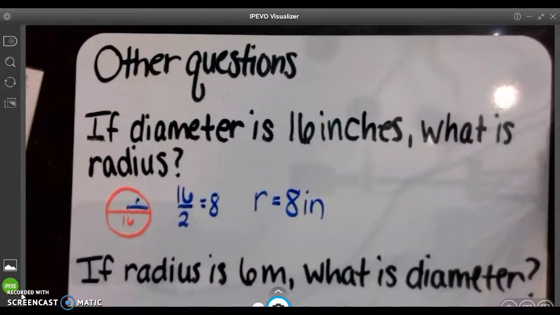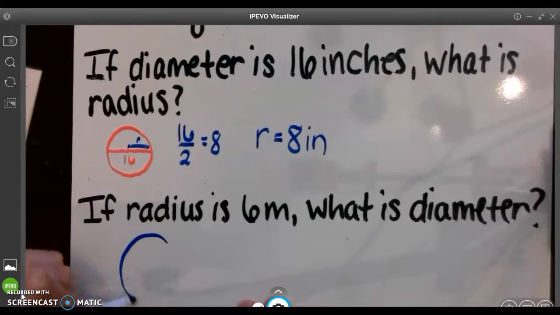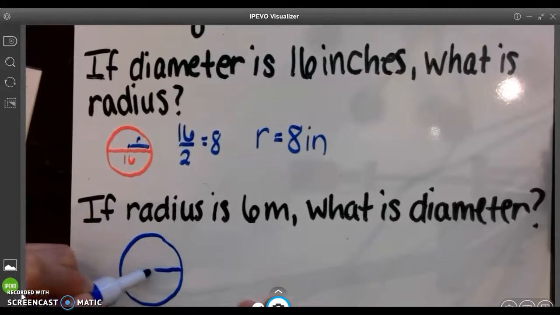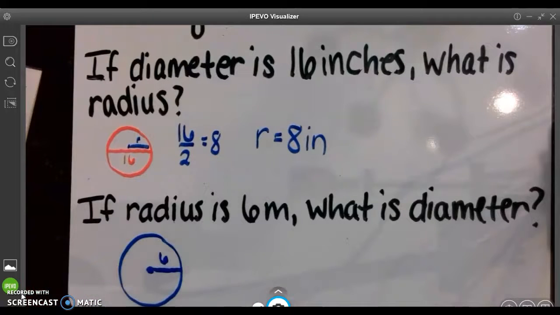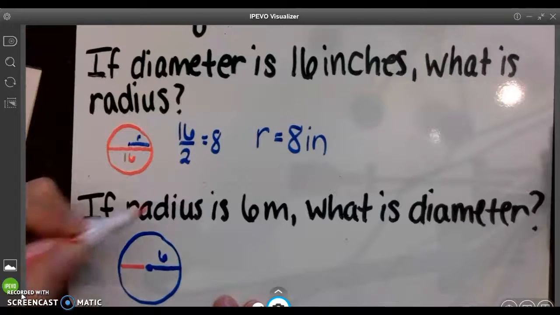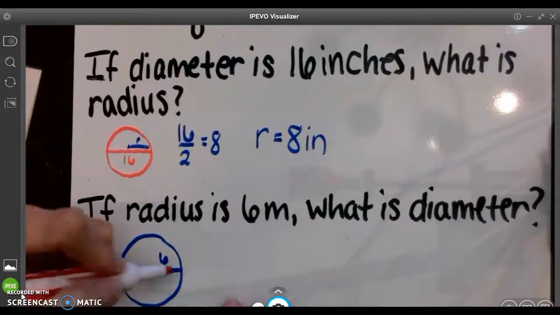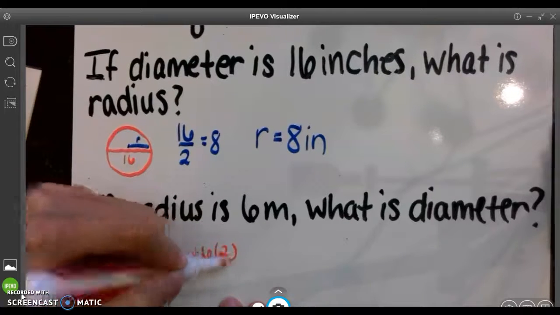And then we can work the other way also. If radius is 6 meters, so here if I have from the center of the circle to the edge, 6 meters is my radius. To get my diameter, I need another radius over here. So to go from radius to diameter, it's 6 here, it's going to be 6 there, so I'm taking 6 times 2.